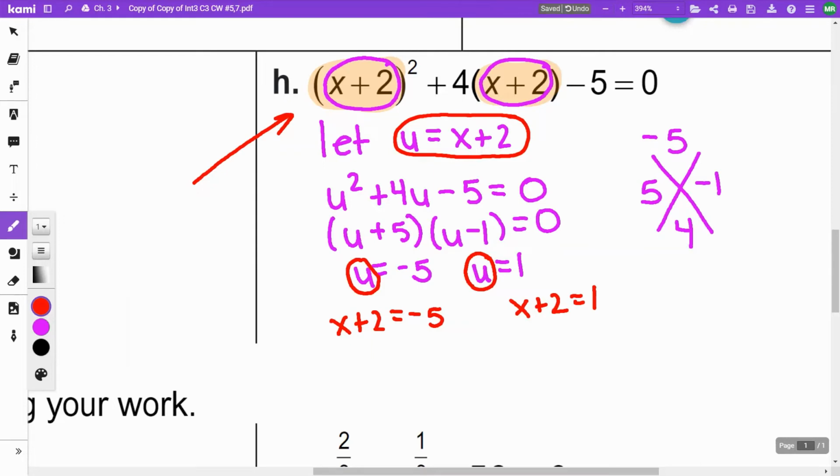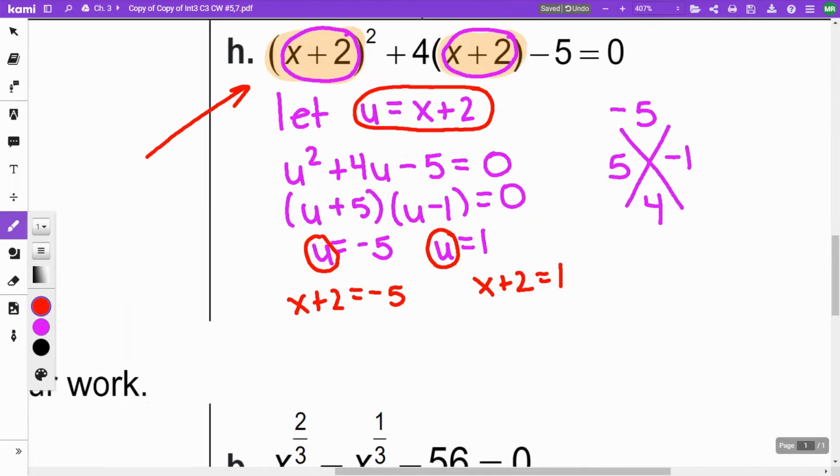This is trying to rewrite this problem in a form that is quadratic in nature. Okay, it's like a quadratic. This one actually is a quadratic, but some of them will not be quadratics, but they follow the same principle when you see it in this form.